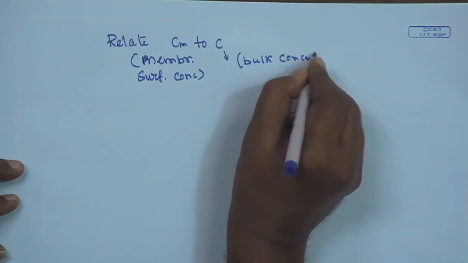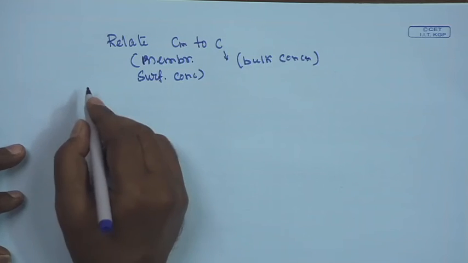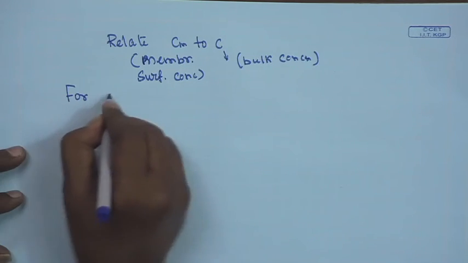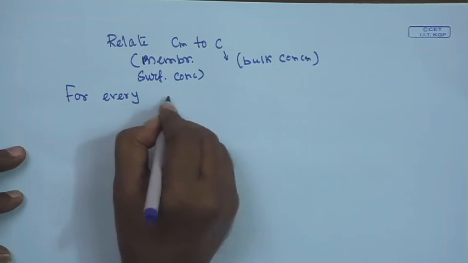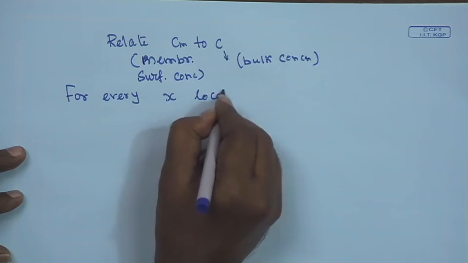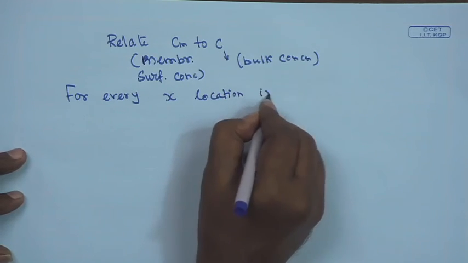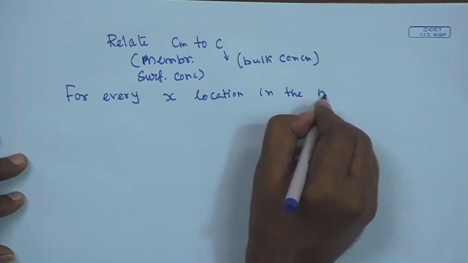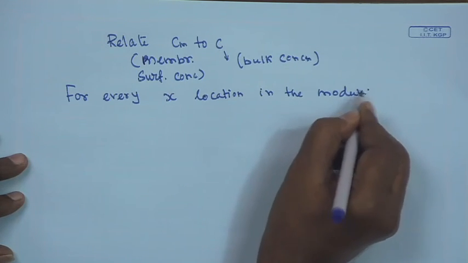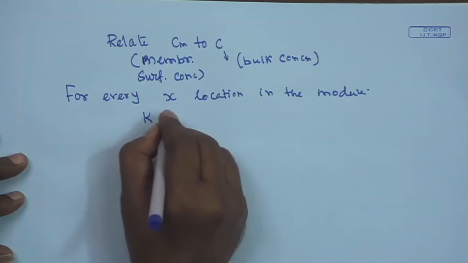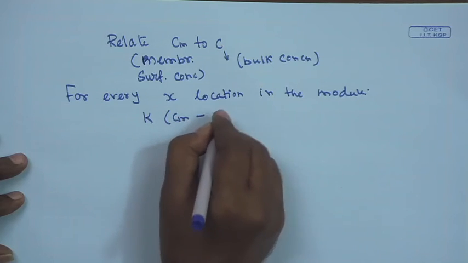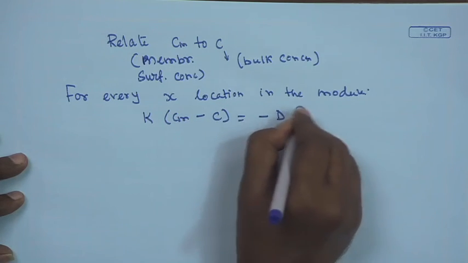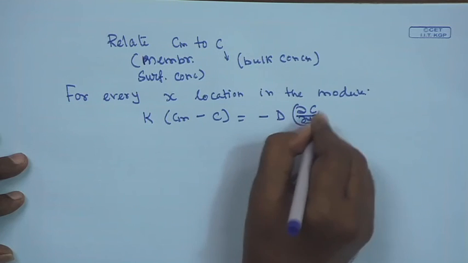These are related through the mass transfer coefficient. So, for every x location in the module, we have this relation holds good, k (Cm minus C) is equal to minus D ∂C/∂y at y equal to 0.